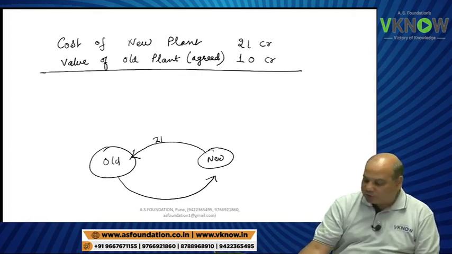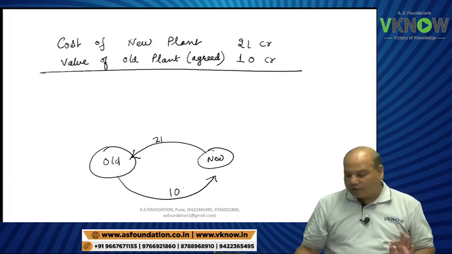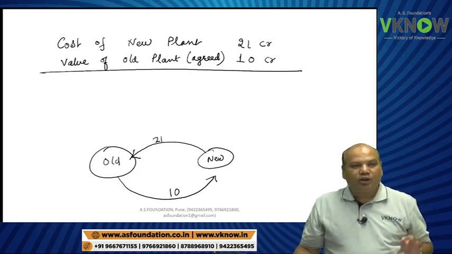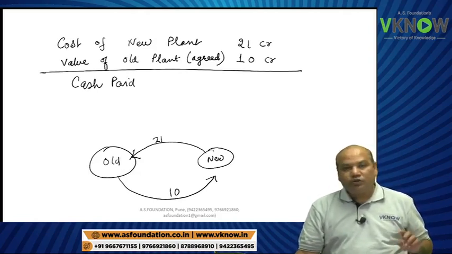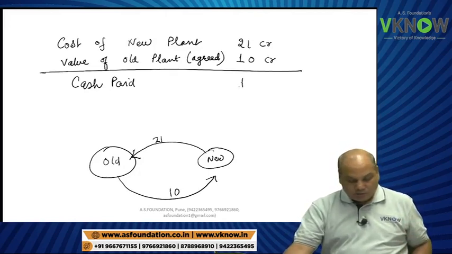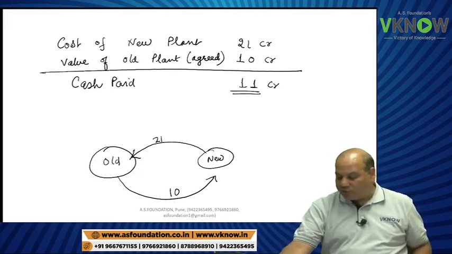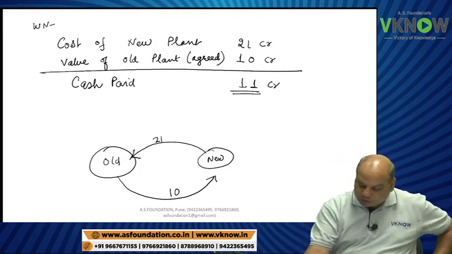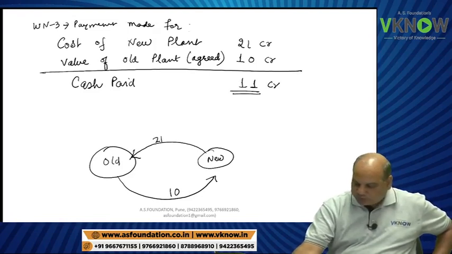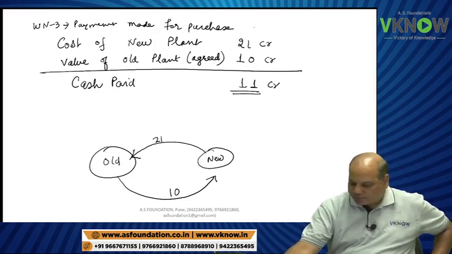So vendor says, I am willing to take your old plant at a valuation of 10 and I will give you new plant at a valuation of 21. So how much will be the cash paid in this deal? The cash paid in this deal will be 11 crore. Okay. So you make a working note 3, payment made for purchase of fixed asset.